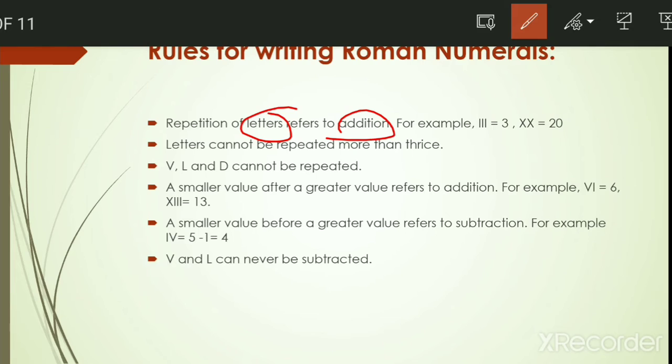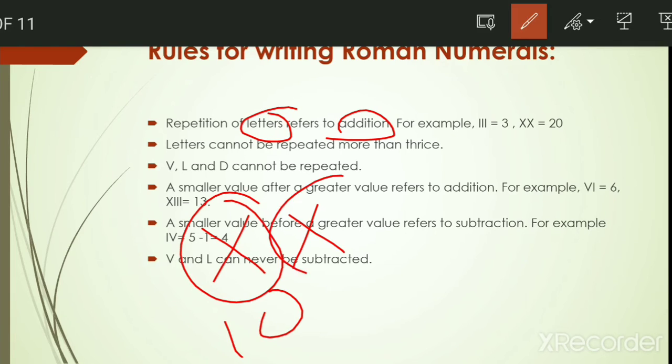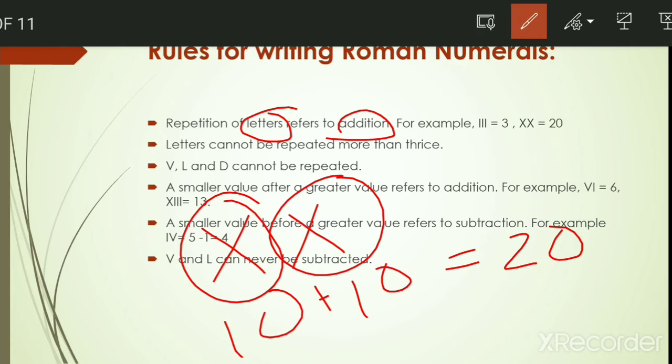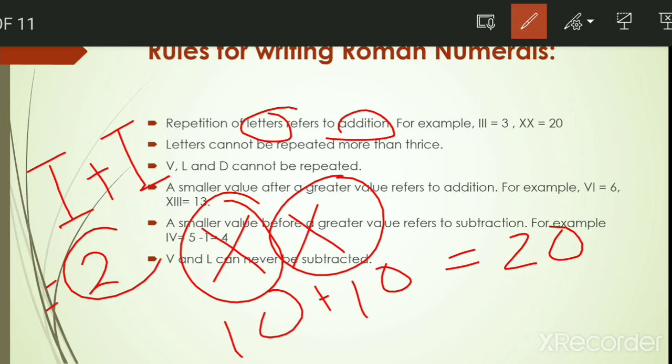So if you have two letters back to back, it means you are adding the values of the two letters. If I'm writing X and X, it means I'm adding 10 and 10, so this equals 20. If I'm writing I and I, it means I'm adding 1 and 1, and the value of this is 2.